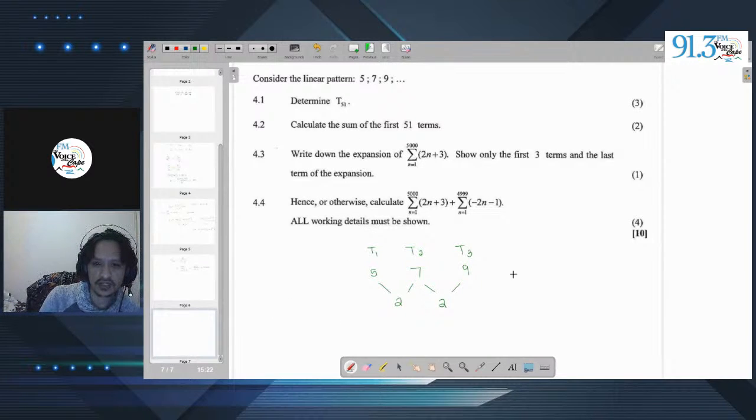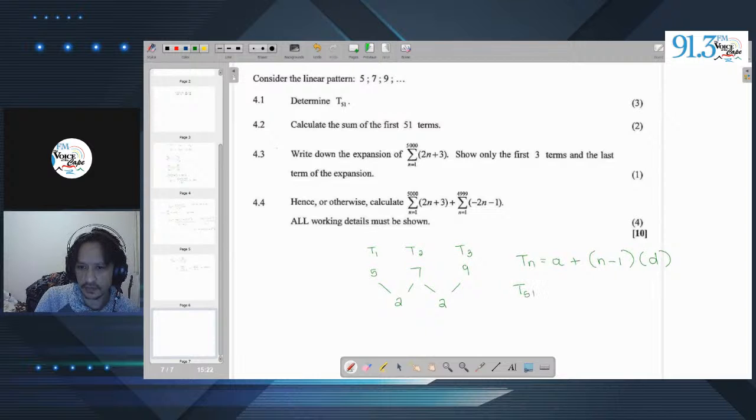And the formula for that sequence is Tn is equal to a plus n minus 1 times the difference. So if we are solving for T51, our first term is 5, so that's where we place the value a. We replace it with 5. The nth term is 51, so we put in 51 minus 1 multiplied by the difference, which is 2, and this will give us our value.